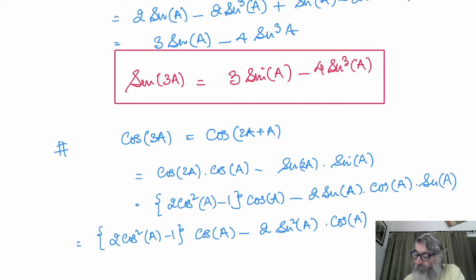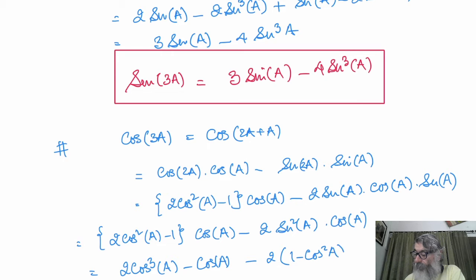I can open this bracket here: 2 cos cube a minus cos a, minus 2 into 1 minus cos square a into cos a, and again open up the second bracket: 2 cos cube a minus cos a minus 2 cos a plus 2 cos cube a, because minus minus will make it plus.